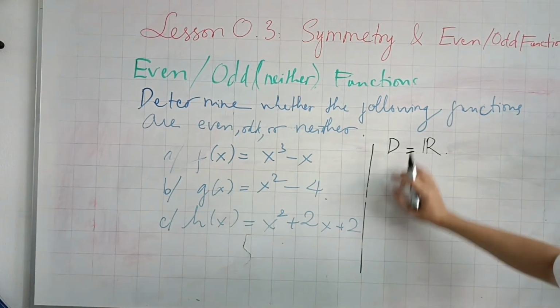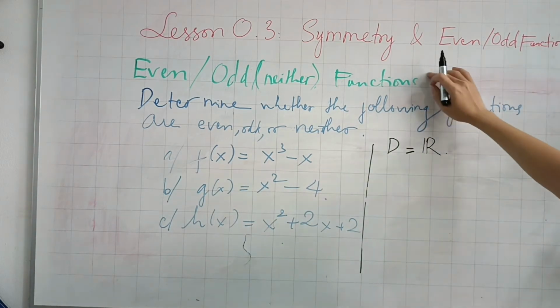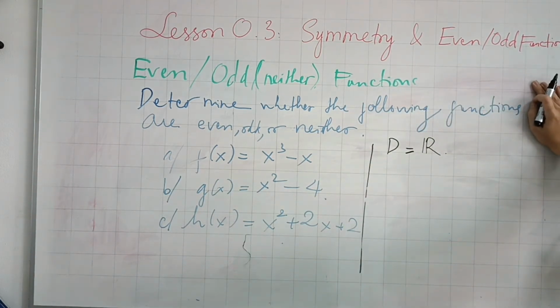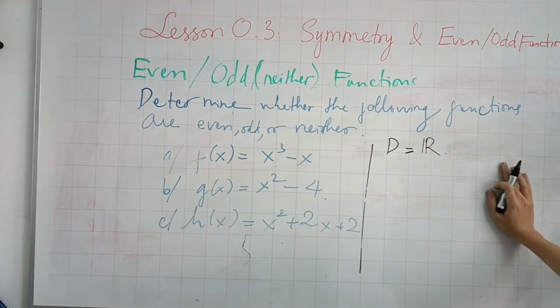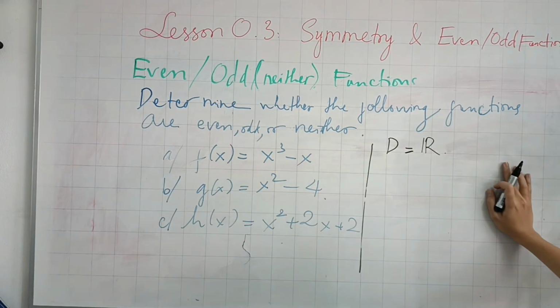All real numbers are on the x-axis. So when the point with x coordinate lies on the graph, the point with the coordinate negative x also lies on the graph.